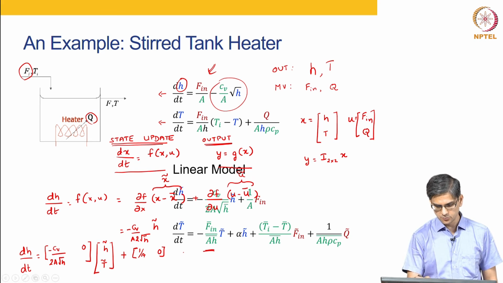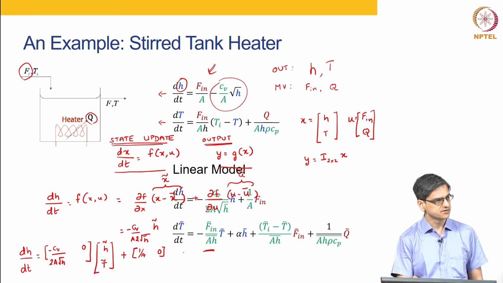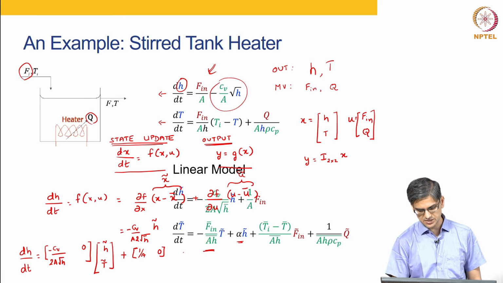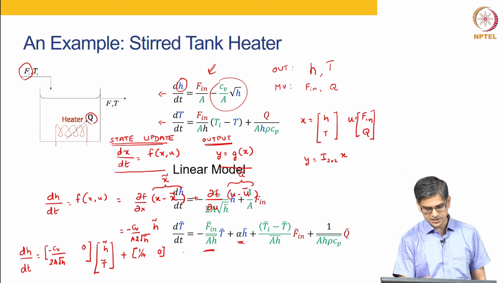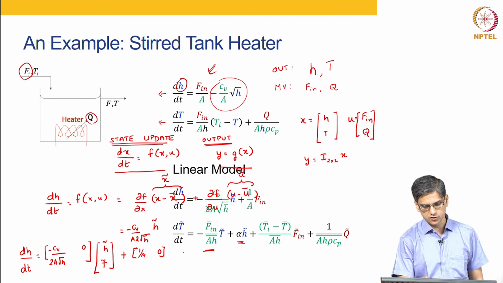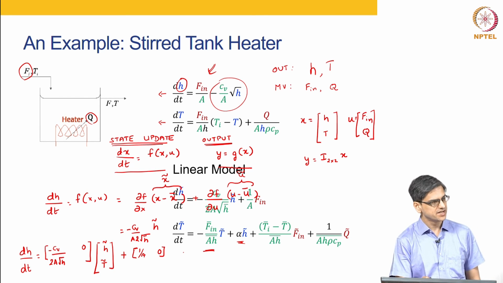Then the term with respect to height is going to be d by dh of the first term, as well as d by dh of the second term, and I am just representing that as some alpha. Linearizing this, it is just going to be Ti minus T divided by Ah multiplied by Fn tilde.